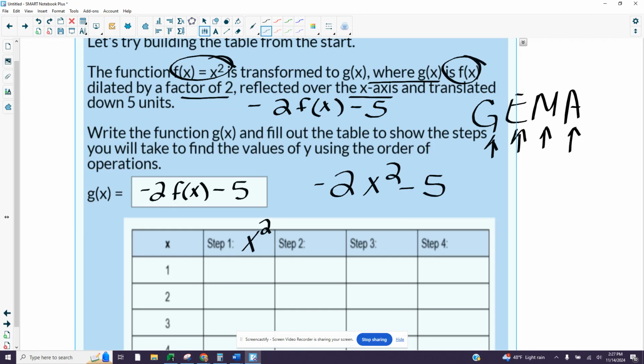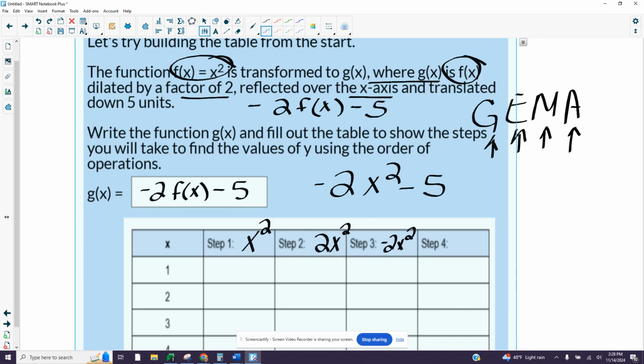Then we would go and multiply or divide from left to right. So our second step is multiplying by 2. And then we also have this negative outside, so our third step is going to be to negate that multiplication. So we're going to add that negative, change the sign.